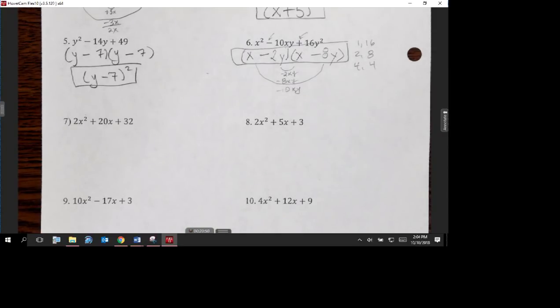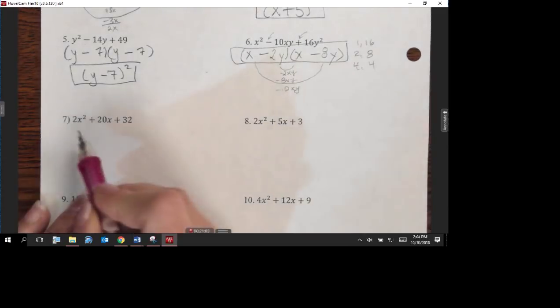I'm walking around and a lot of you remembered what is the very first step of factoring always? Greatest common factor. So there is a 2 that can come out.